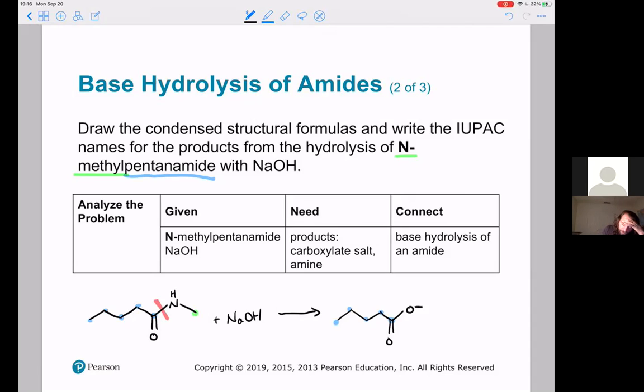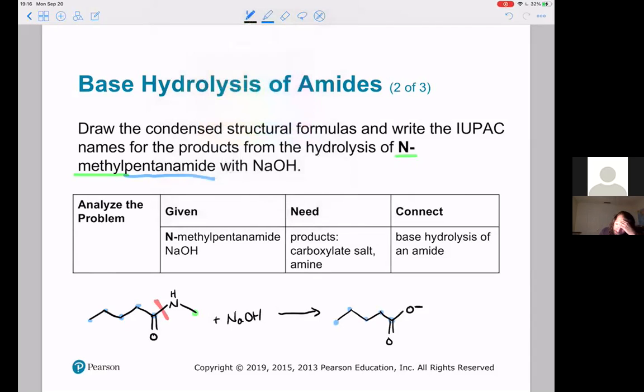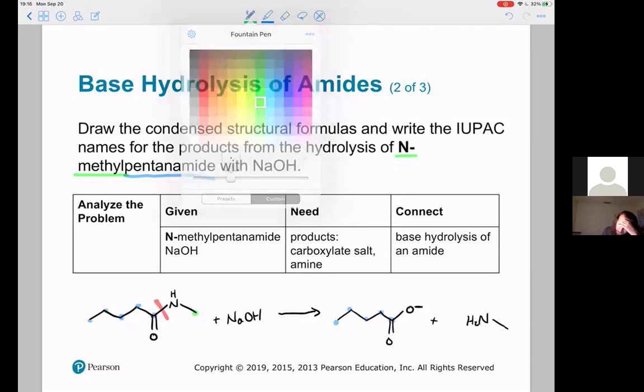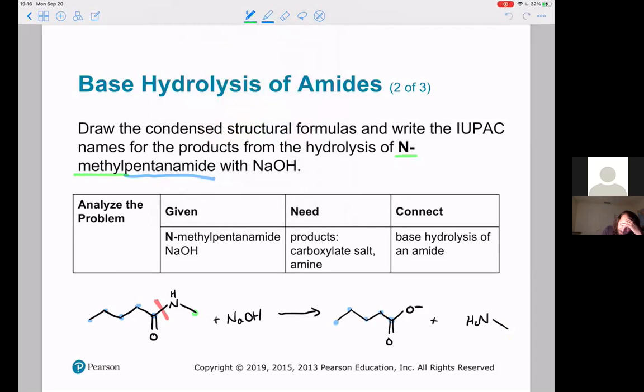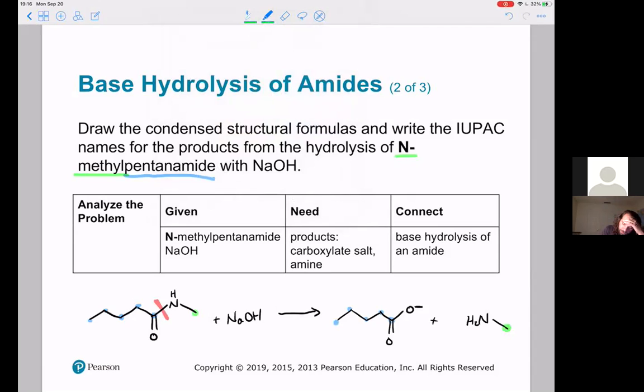Okay. The other portion, the nitrogen that's bound to its single carbon. And because we're under basic conditions, there's that carbon, it's going to remain the amine.